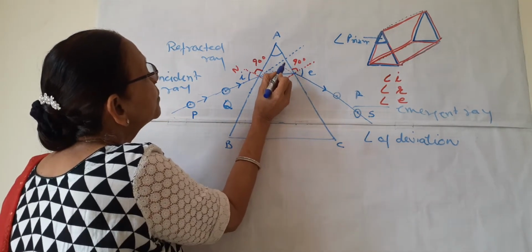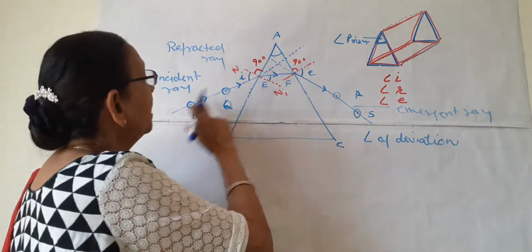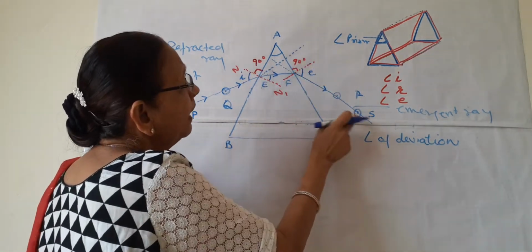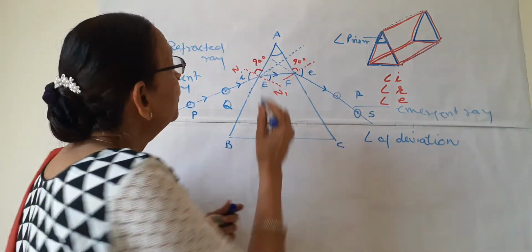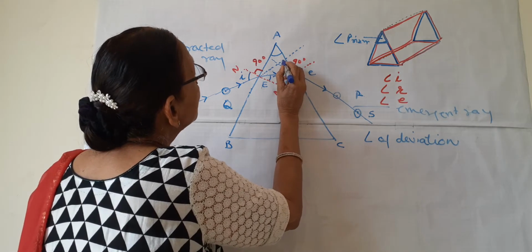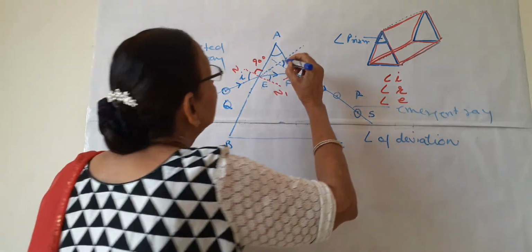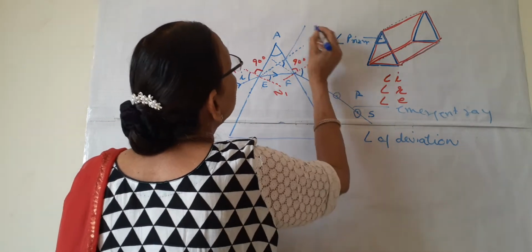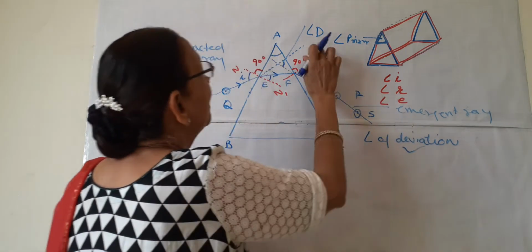So if we proceed this line like this, have you seen? I have proceeded this line further and this line backwards. So an angle is formed between these two lines, and this angle is known as angle D, which is the angle of deviation.